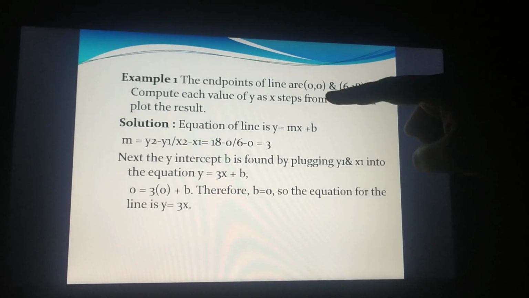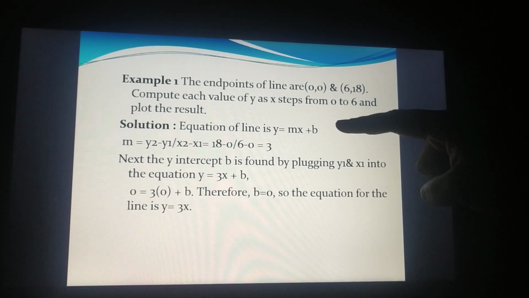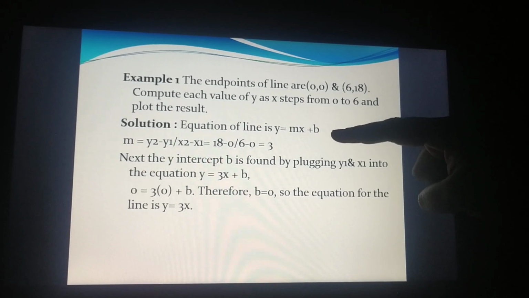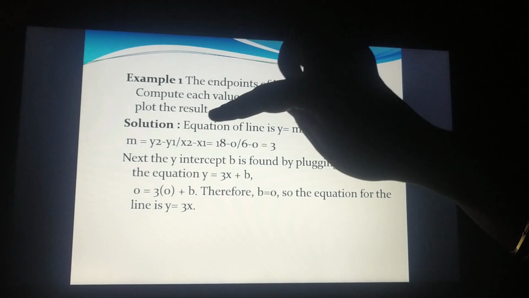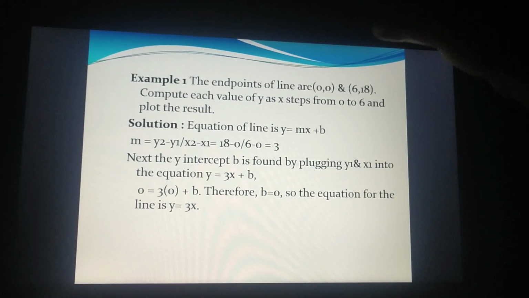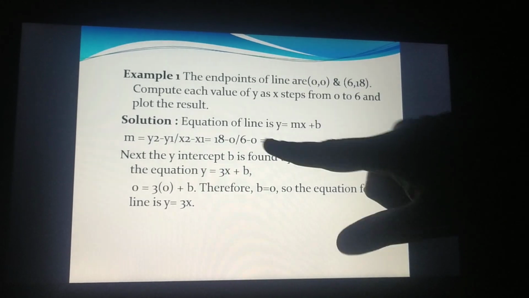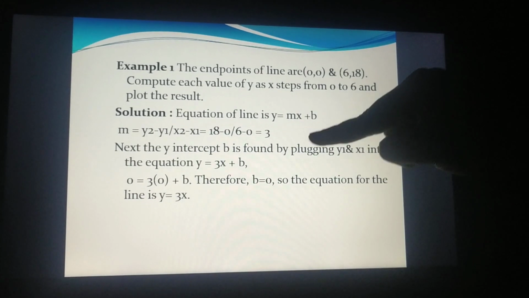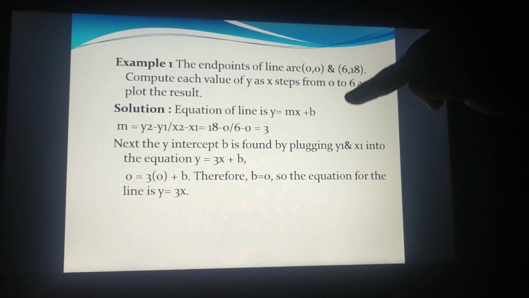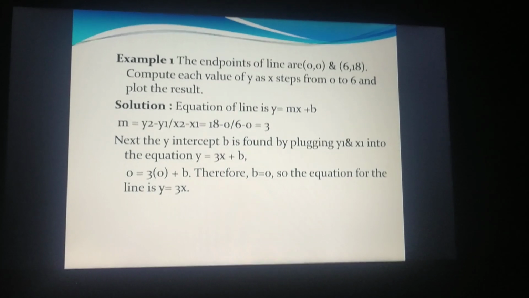The equation of the line is y equals mx plus b, that we already know. Now I am computing m with the values given above. M equals y2 minus y1 divided by x2 minus x1. Our y2 is 18 minus 0 divided by 6 minus 0. It will come to 3. So here we have m as 3. Next, the y-intercept b is found by plugging y1 and x1 into the equation.